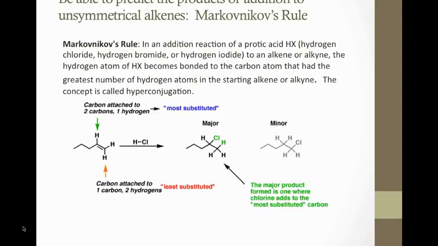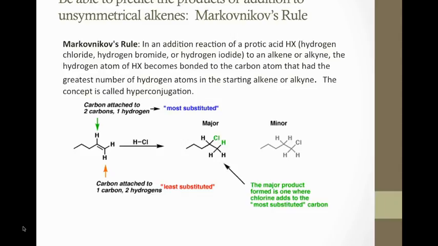What happens when we provide an electrophile-nucleophile combination like HCl, HBr, or something like this? We have the opportunity to create two kinds of products. The major product is formed where the chlorine is added to the most substituted carbon.